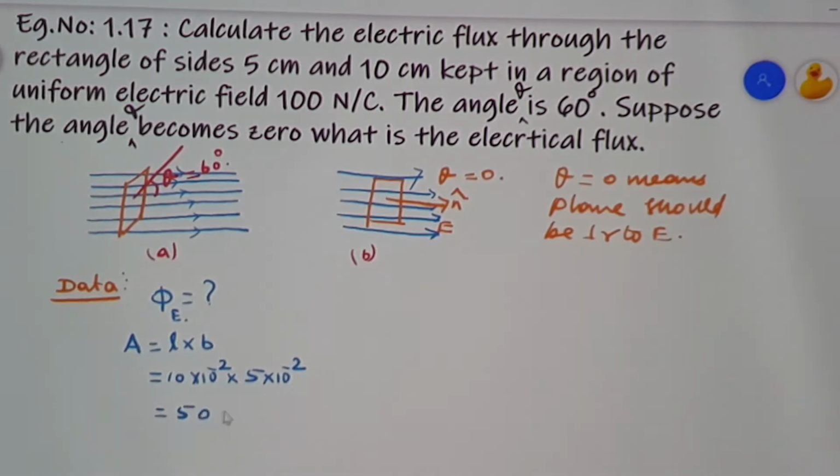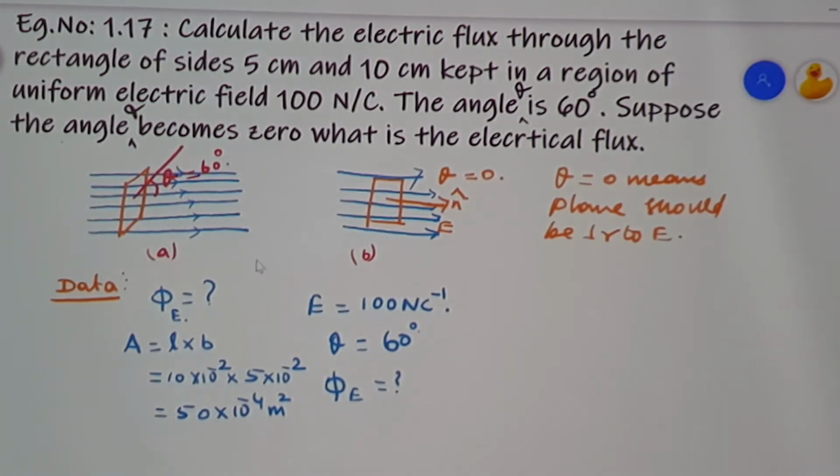So I can write 50 into 10 to the power of minus 4 meters square. Then what about the electrical field? Electrical field E is equal to 100 Newton per coulomb, and initially the angle theta is equal to 60 degree. So what is the flux, electrical flux phi E?